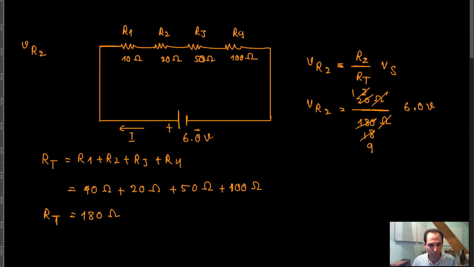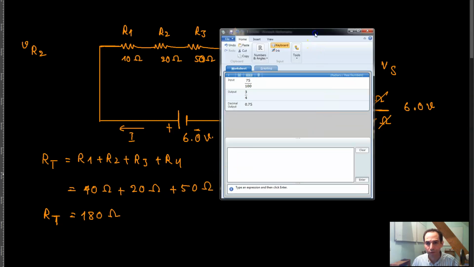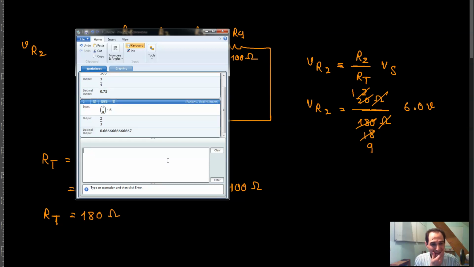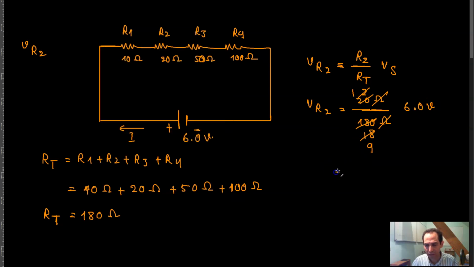1/9 times 6. I'm not very familiar with this calculator, what it does with the numbers. 6 times 1/9 is 6/9, and 6/9 divided by 3, you'll get 2 over 3. 2/3 is the same thing as 0.6666.